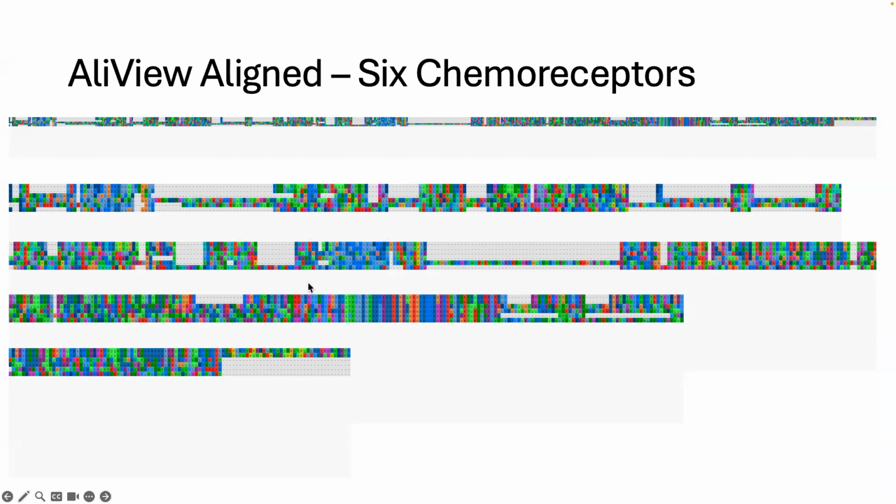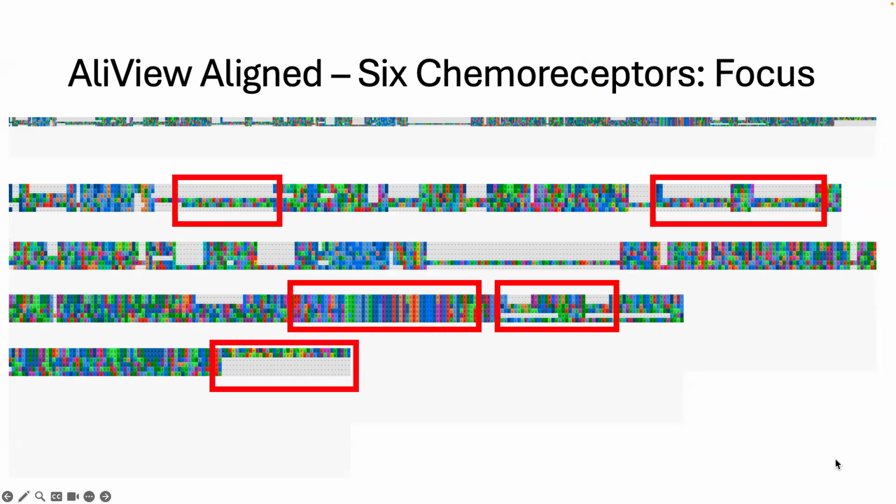Let me go ahead and show you the areas that I'm going to focus on in more detail, where I could be starting to look. So in the executive summary, I focused on this area where there's commonality across all 6 of these chemoreceptors. There's places where only 2 have distinctive features and not the rest of them.